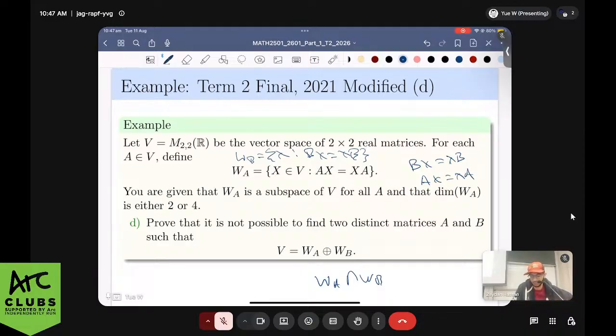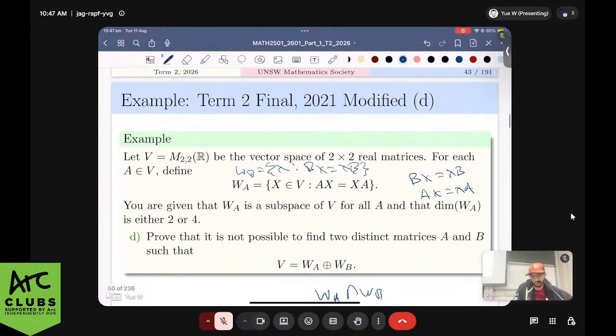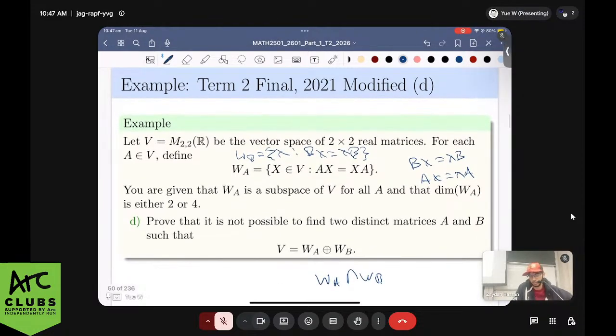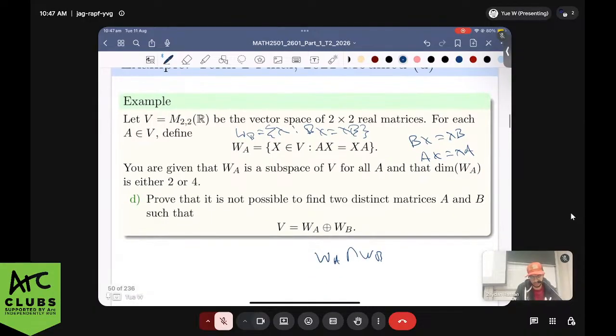Now, when I say trivial, we mean the zero element of V. The zero element of the set of all 2 by 2 matrices is just the zero matrix. So we need this intersection to be the zero matrix. But can you find something in the intersection which is not the zero matrix? Some X such that BX equals XB and AX equals XA.